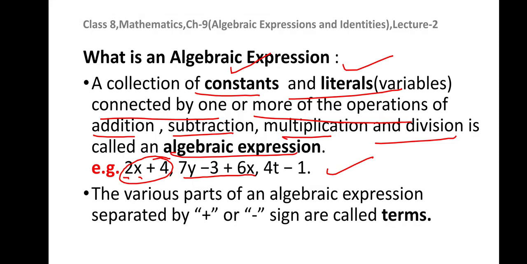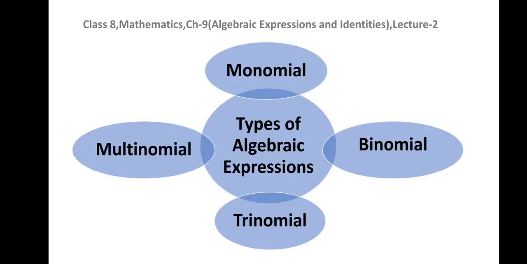The various parts of an algebraic expression separated by plus or minus sign are called terms. We have learnt in the previous lecture that on the basis of the number of terms, the algebraic expressions are classified as monomial, binomial, trinomial and multinomials. What do you mean by a monomial?